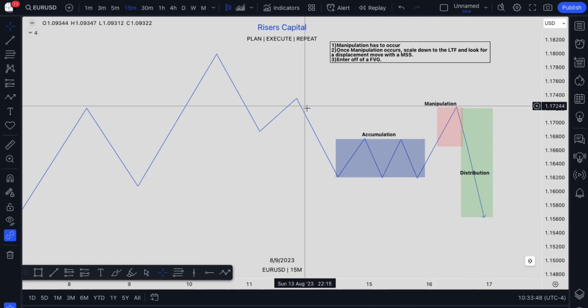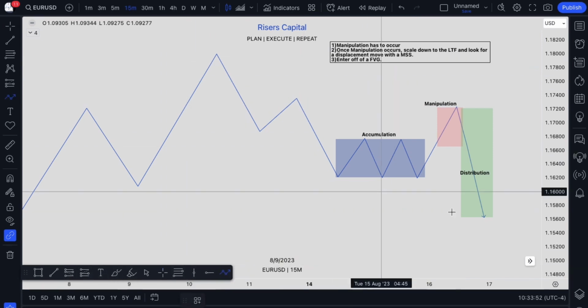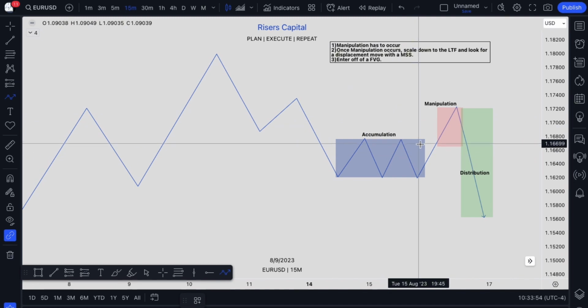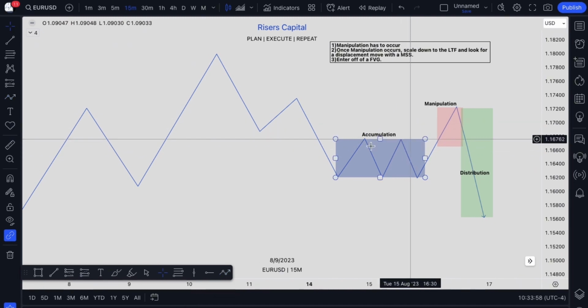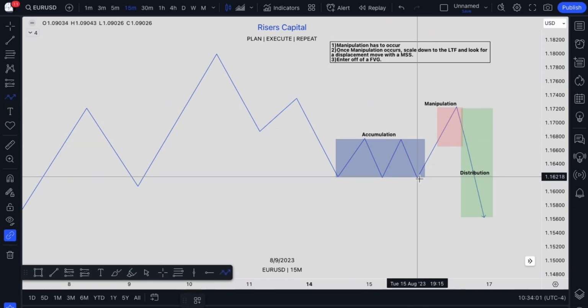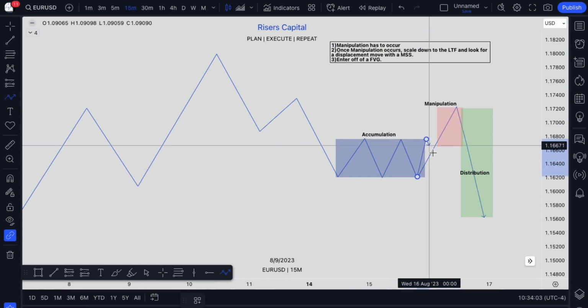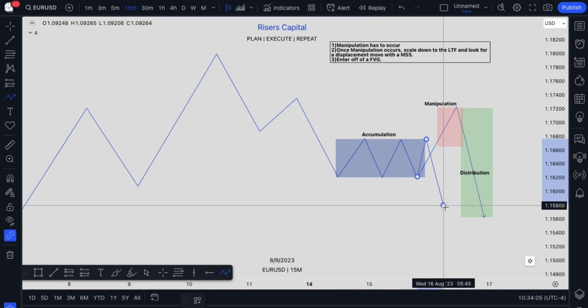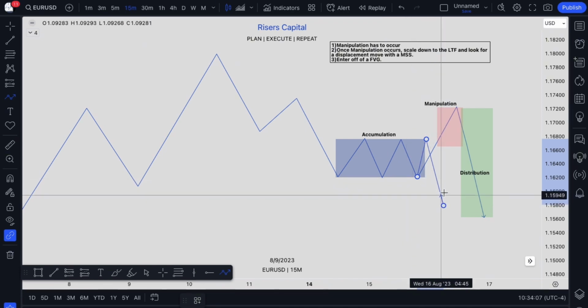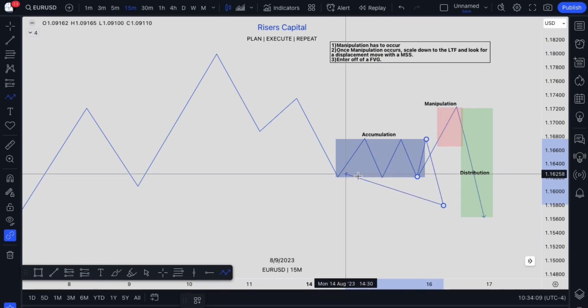Before I actually get onto the examples, in this scenario, what price could have done is, if we were up here, if we came up into here and stopped again, and then we came down to take these lows, this could be manipulation because we've taken out one side of the consolidation.